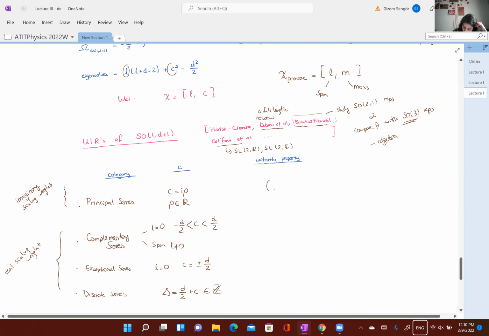So if you have two of these representations, and this is the inner product for the principal series, you just don't do anything. You just have to think of the adjoint of the representation. This is fine. But in these other cases, how you define the adjoint changes.